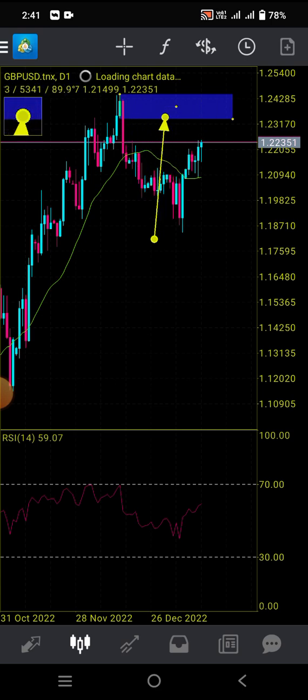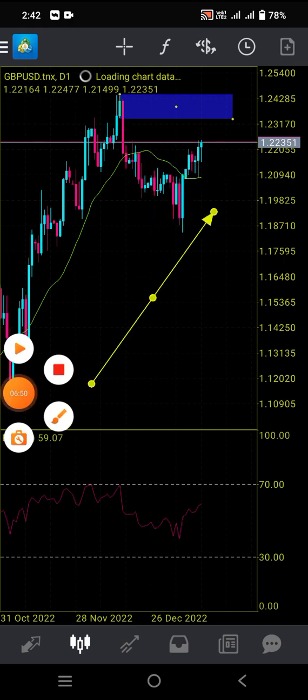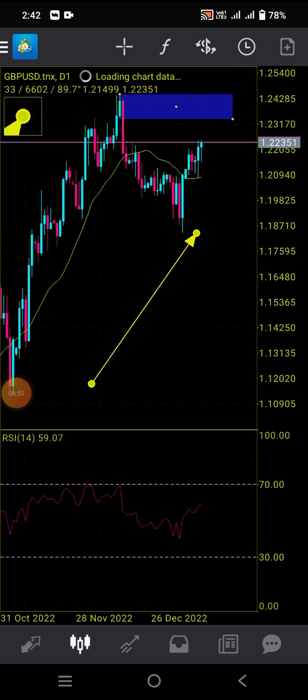When the daily candle, not M1, M5, M15, M30, H1 or H4, when the daily candle closes above this zone, it is no longer valid for sell entry. I hope you understand this. I hope you all understand today's topic, how to mark a large engulfing zone into a small engulfing zone.